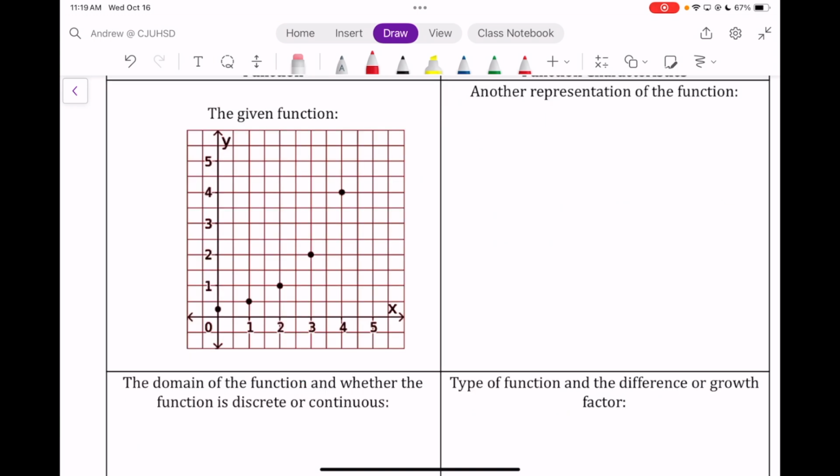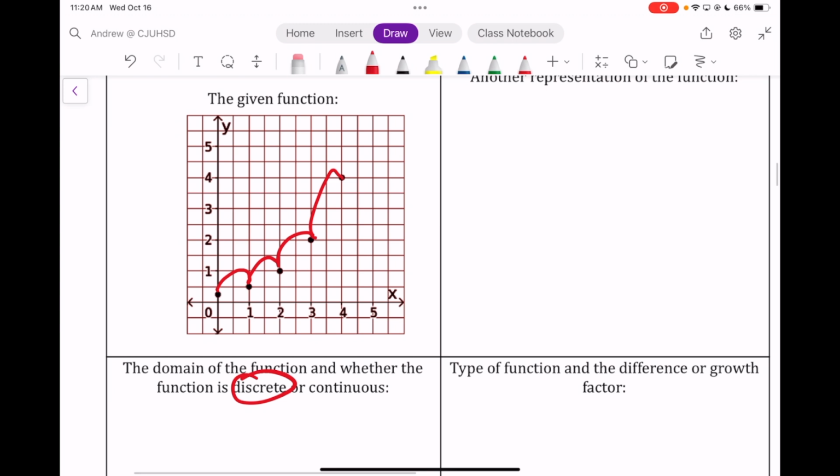This function is a sequence. It's jumping from point to point. In other words, I have to pick up my pencil to go from one point to the next point to the next point. So this is discrete. The domain of the function, the x values, 0, well, you can't see it, but it's there, 0, 1, 2, 3, 4.